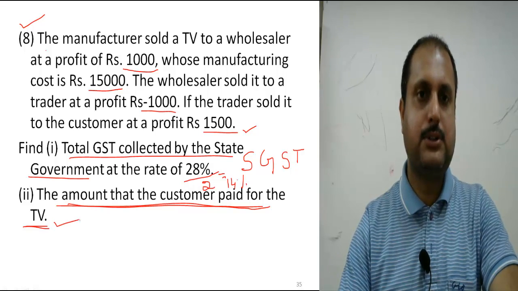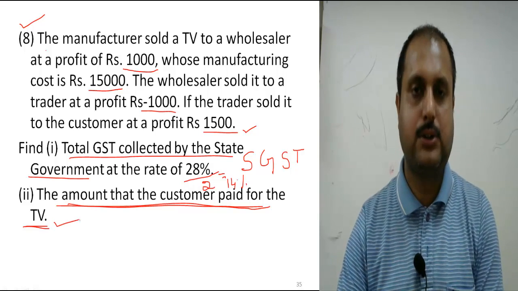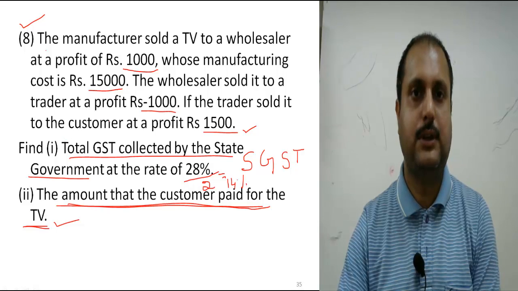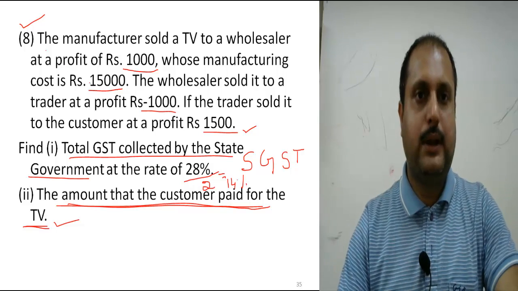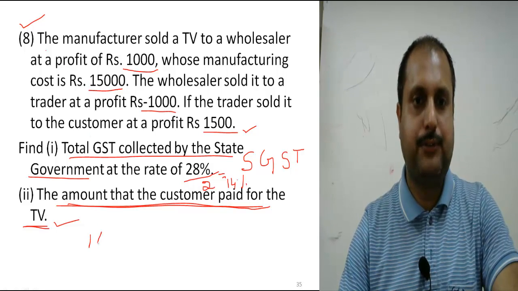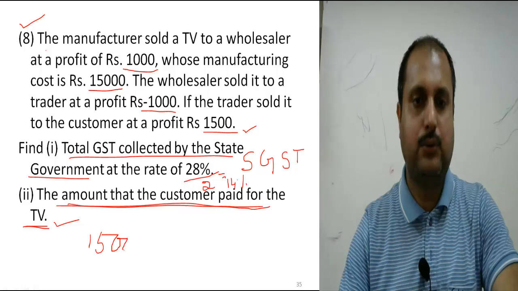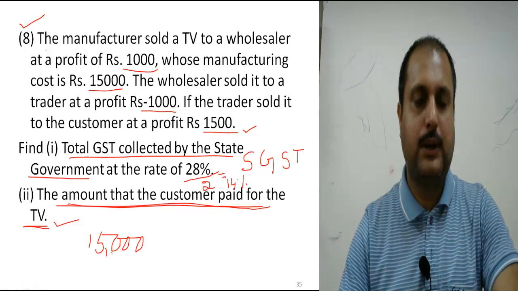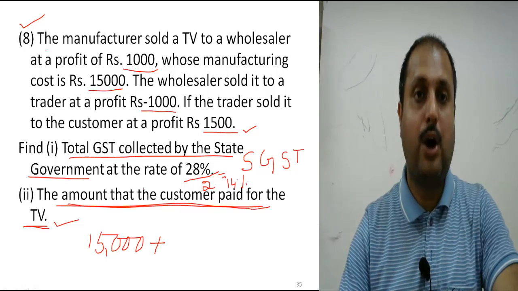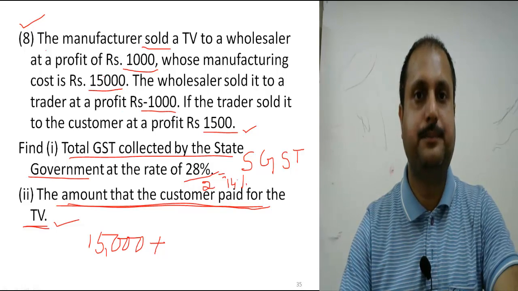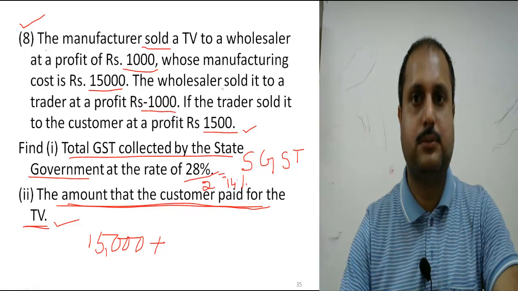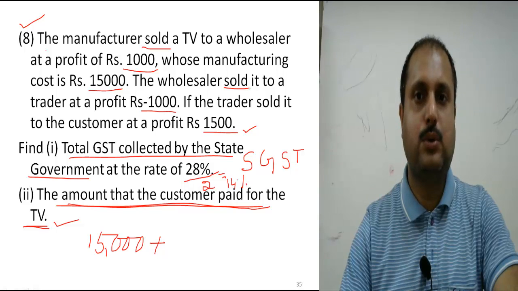So it is asking about two different pieces of information. Let's solve the question. Now the total amount is 15,000, plus see how many times this has been sold. One time, 2 times, 3 times it has been sold.